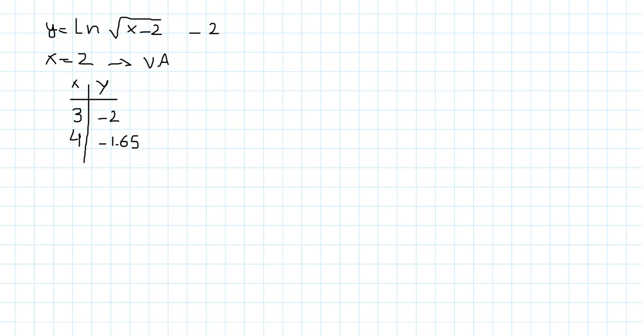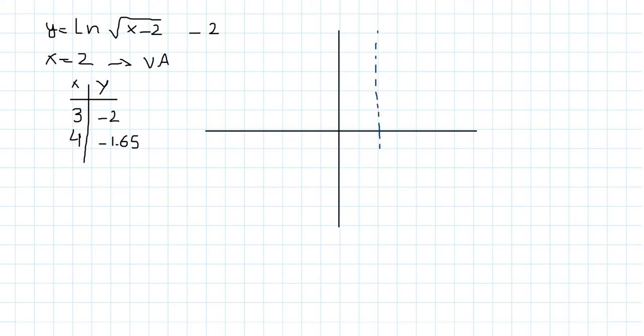And now I can draw it easily. Only need to find this point. So I know my vertical asymptote is at x equal 2.